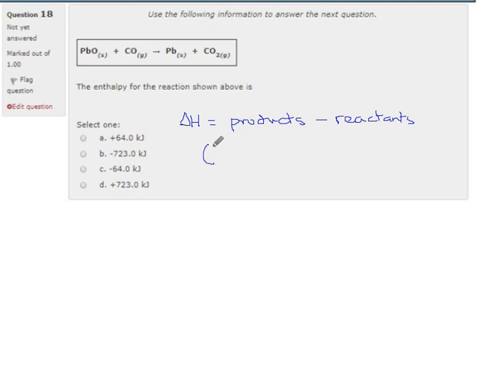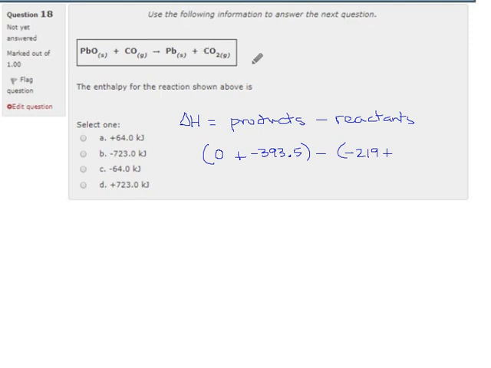For products, we have lead metal, which has a delta H of 0 because lead is normally that way. And the other product is carbon dioxide, minus 393.5. For reactants, we have lead oxide. Hope that's in our data book. Lead II oxide, yep, minus 219. And the other reactant is carbon monoxide.